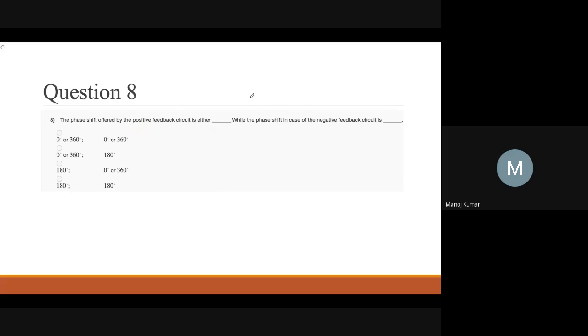Ma'am, generally based on the gain, we will calculate. For positive, we will consider 0 or 360 degree, and for negative, we will consider 180 degree, ma'am. Yes. So the right option is option B. So phase shift offered by the positive feedback circuit is either 0 or 360.